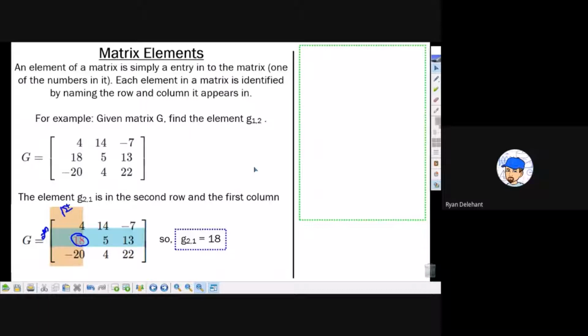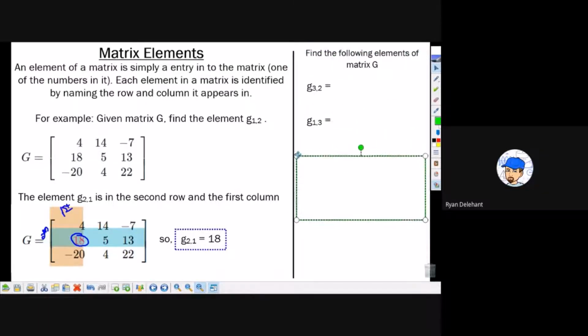Make sense? Well, let's go through and let's find a couple more. So real fast, on your piece of paper, just jot down what element or what number is in those positions, okay?